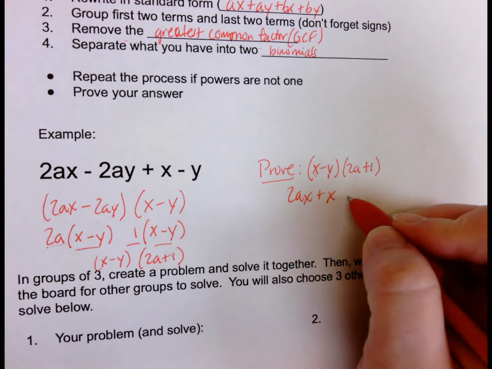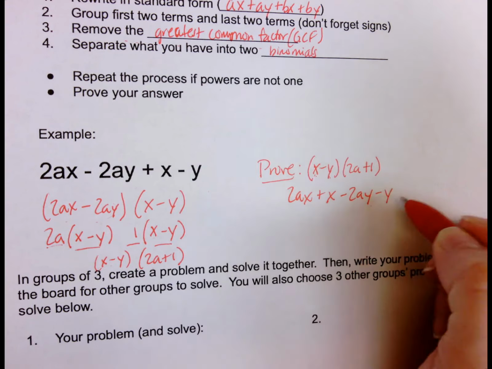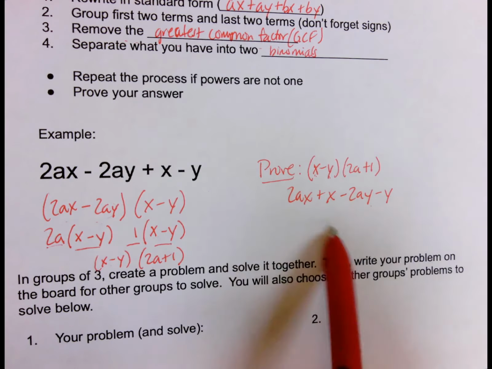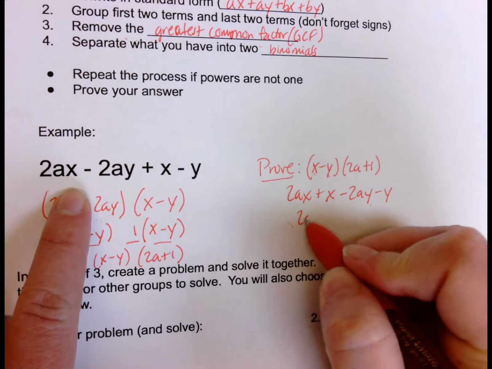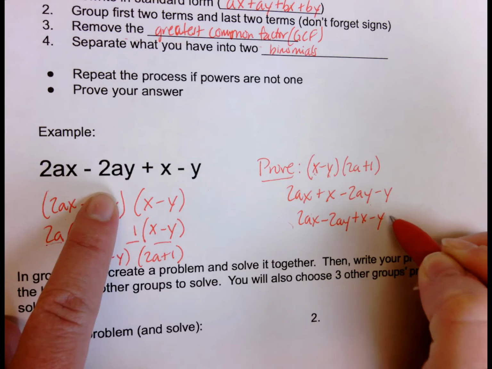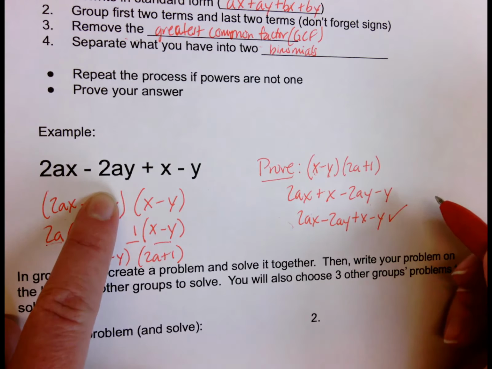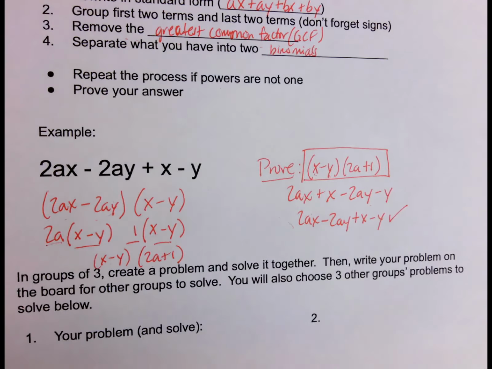Negative y times 2a is negative 2ay, and negative y times 1 is negative y. Now, it's out of order, but it is the same thing. If we rewrite it, we have 2ax minus 2ay plus x minus y, which is what we started with. So that means this is the correct factoring for this polynomial, okay? So that is the grouping method.